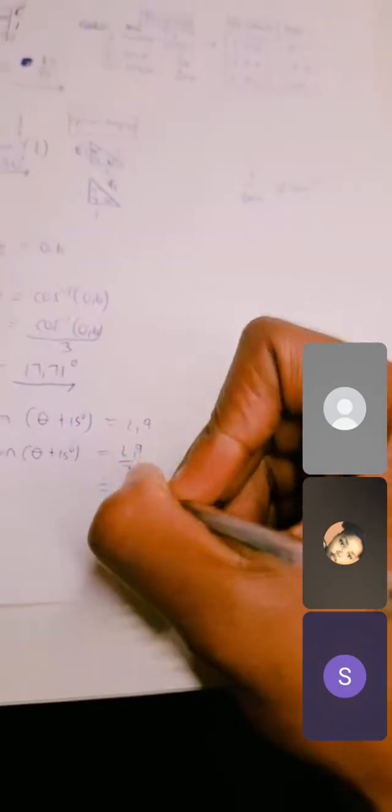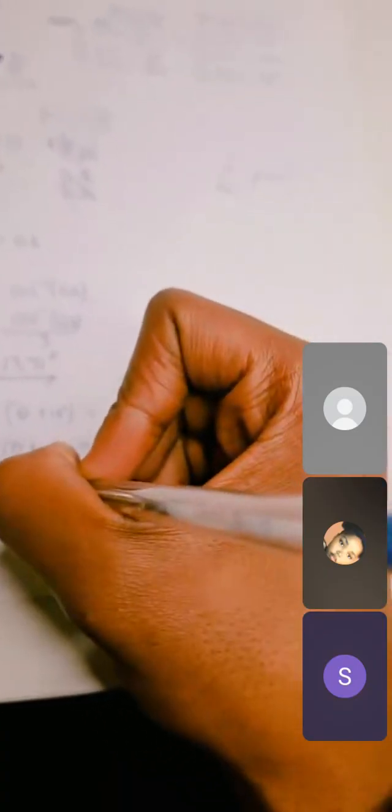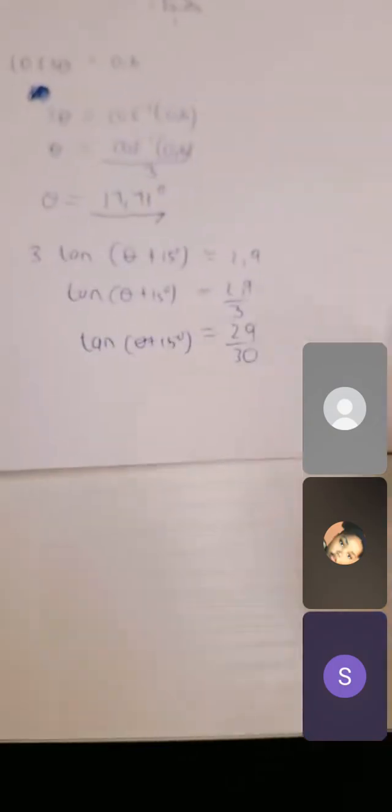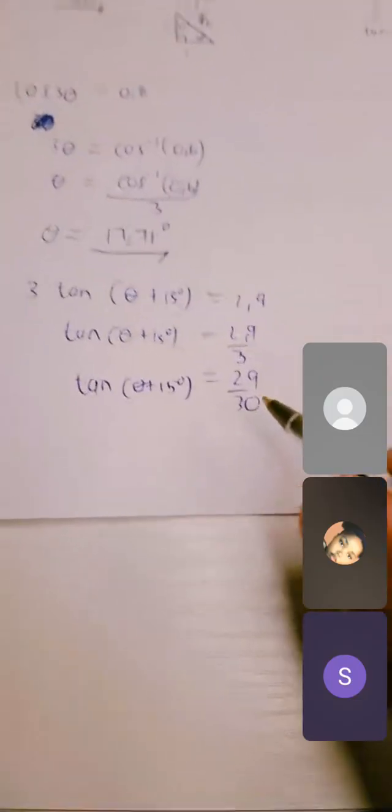So 2.9 divided by 3, you will get 29 over 30, right? You isolate the trig ratio. So here we can say that the trig ratio is now officially isolated. Then we don't divide by tan, but we take the arc of tan on the other side, which is very important.